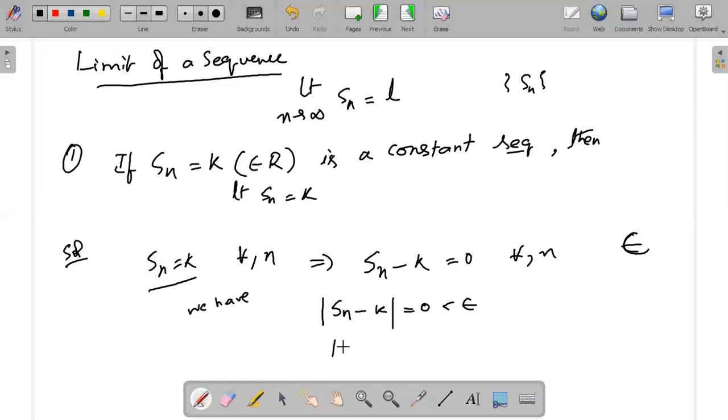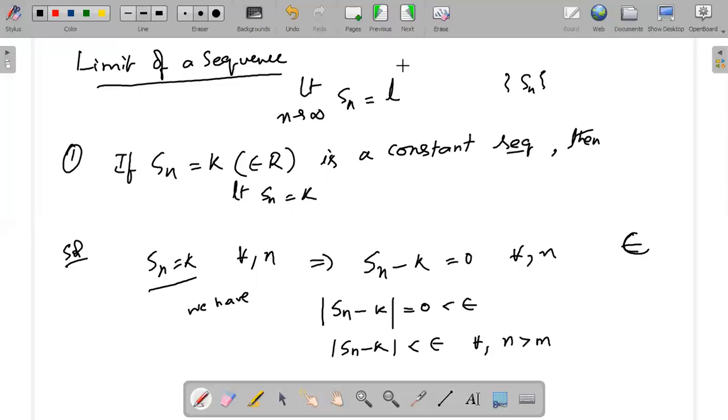And we can write this as mod of Sn minus k is less than epsilon for all n greater than m. M is again the lesser value of n, like the rth term we had. So for m, which is less than n, if you consider n is the last or the finite value.